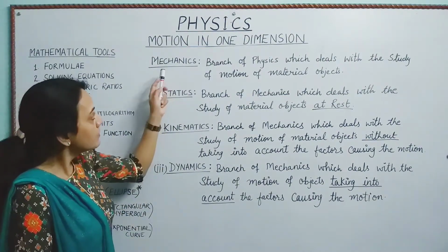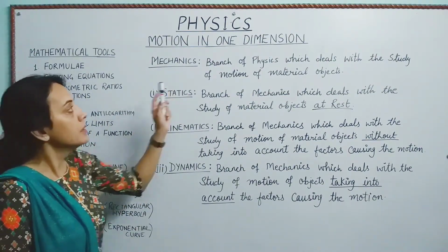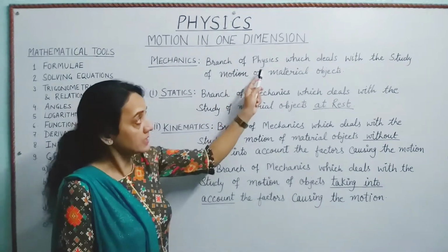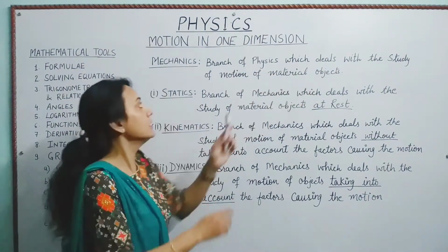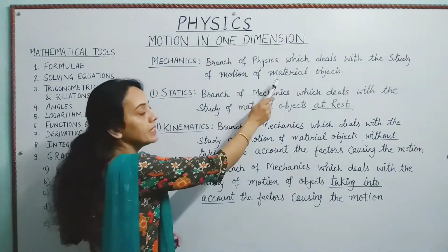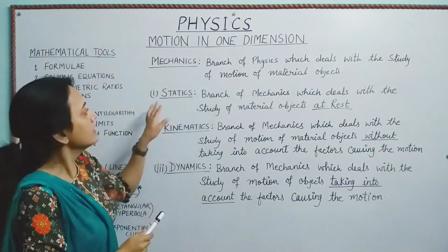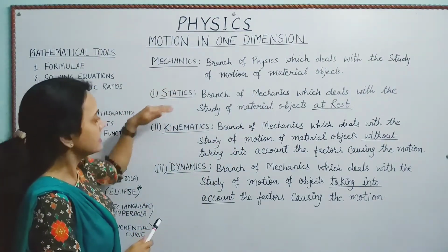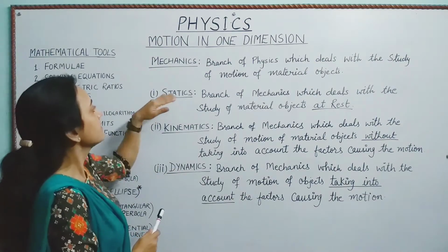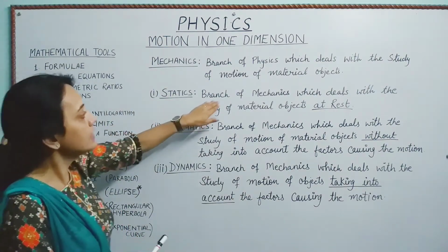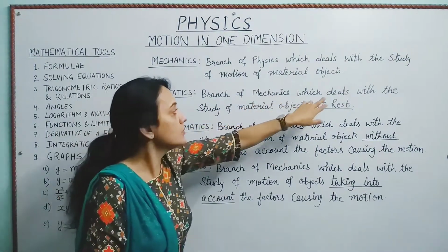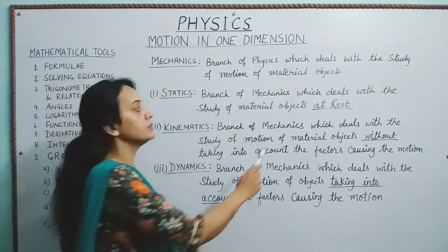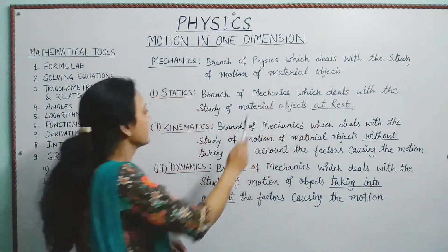So, mechanics. What is mechanics? Mechanics is the branch of physics which deals with the study of motion of material objects. Now, mechanics has three branches. Statics, the branch of mechanics which deals with the study of material objects at rest.